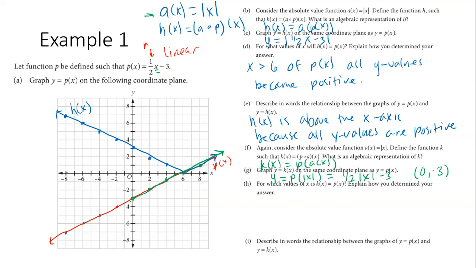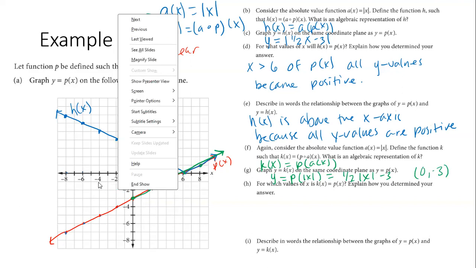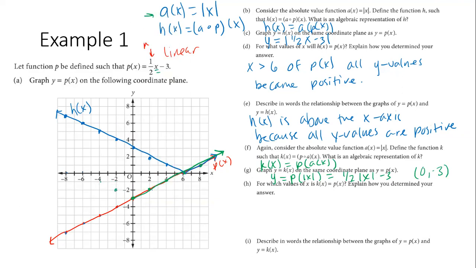I go up to the left. So up 1 over 2, up 1 over 2, up 1 over 2. So now we have that. What did I do to get that?